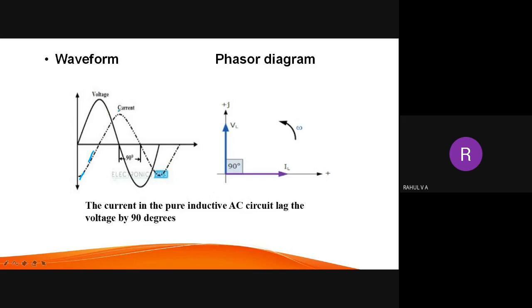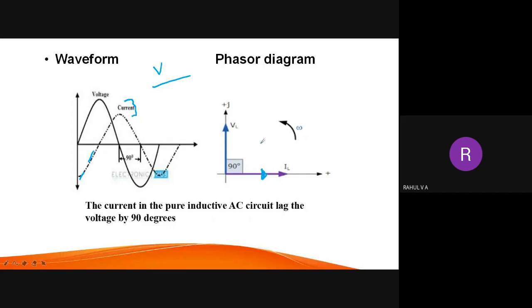So you can see that in the phasor diagram. We are not exactly worried about magnitude, but the magnitude of current is always less than voltage, because voltage divided by something is current. While drawing the phasor, you have to draw the current phasor with length less than the voltage.